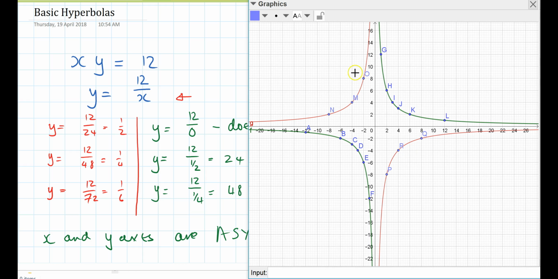So when the hyperbola has a negative attached to it, then the curves are going to occur in these two areas over here. We call this area the second quadrant, and this one the fourth quadrant, and that's when the hyperbolas are negative. This is the first quadrant, this is the third quadrant, and those are the quadrants that we use when we have a positive hyperbola.